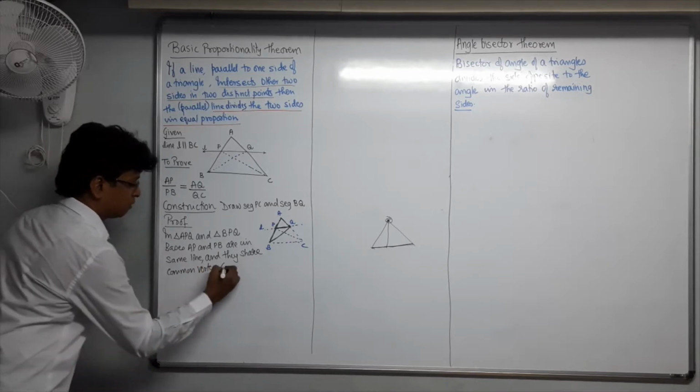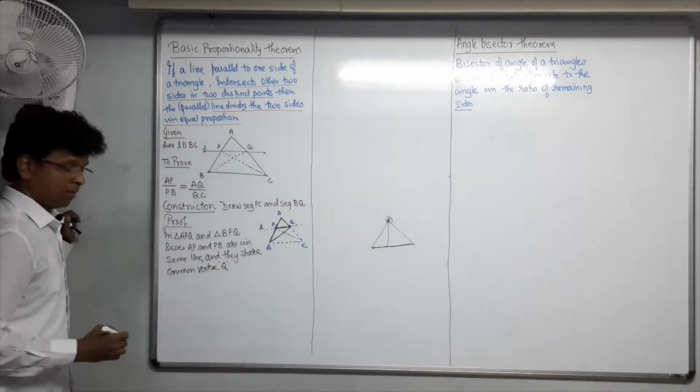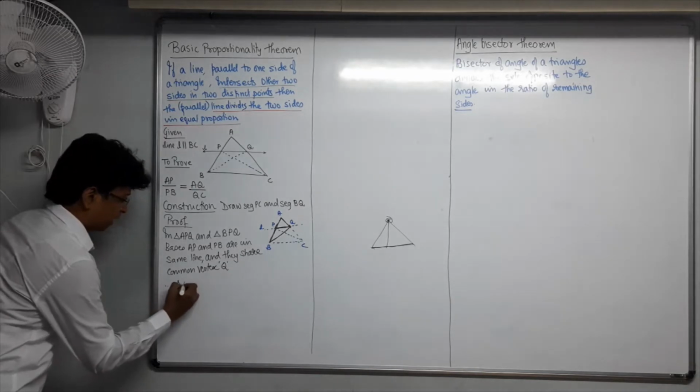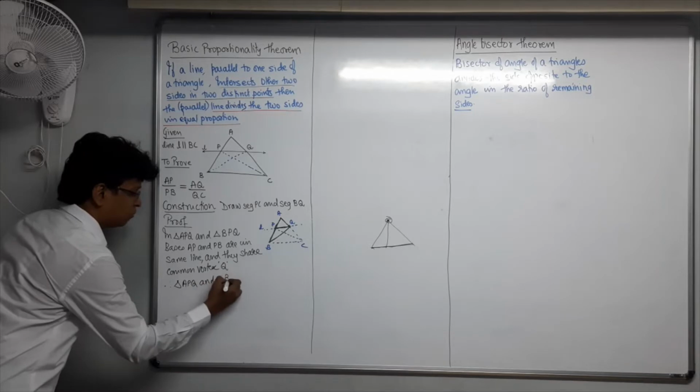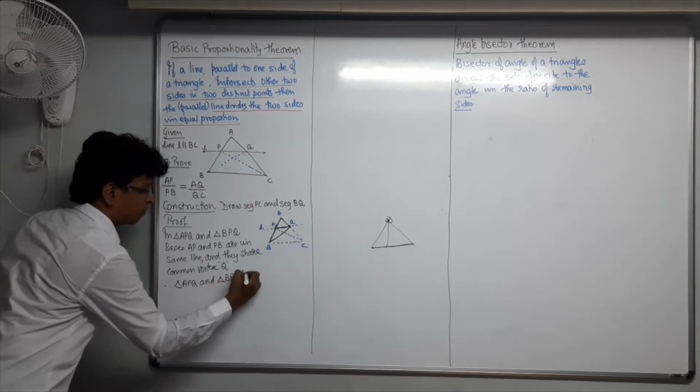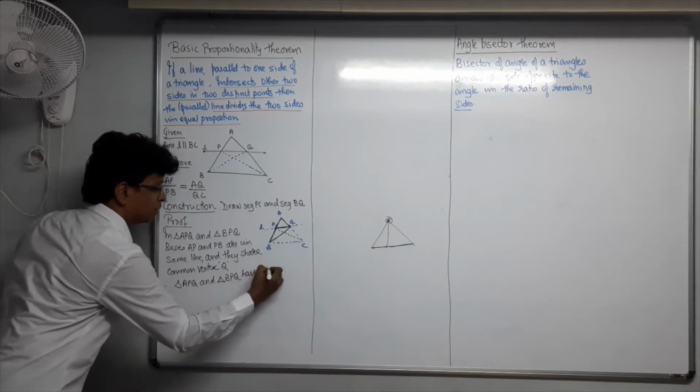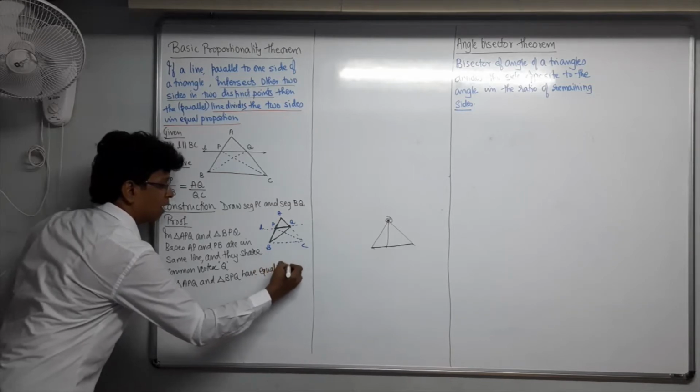Which one? Q. Therefore, triangle APQ and triangle BPQ have equal height.